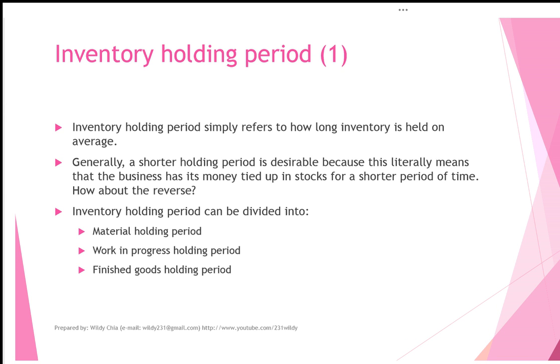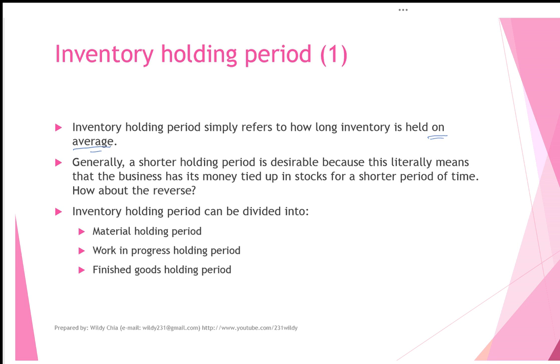Basically, it refers to how long inventory is held. The keyword is on average. It's a rough estimation of the length of time that inventories are held. If you want to find out exactly how long certain inventory items are being held, then this wouldn't be very useful.